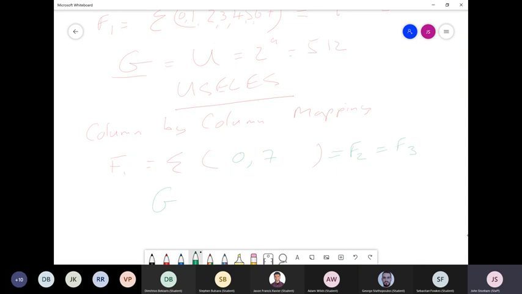We will have a choice of intervals on the first column, 0 or 7. So it's 2 possibilities in the first column, 2 possibilities in the second column, 2 possibilities in the third column. The generalization set is 2 to the 3, 2 by 2 by 2, 8. Well done.